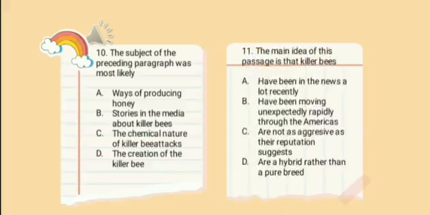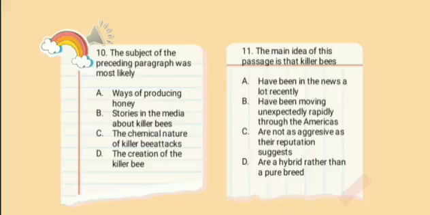Next, number 11. The main idea of this passage is that killer bees blah blah blah. A. Have been in the news a lot recently. B. Have been moving unexpectedly rapidly through the Americas. C. Are not as aggressive as their reputation suggests.